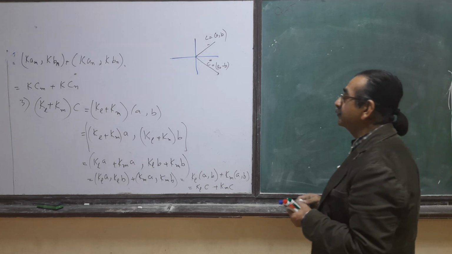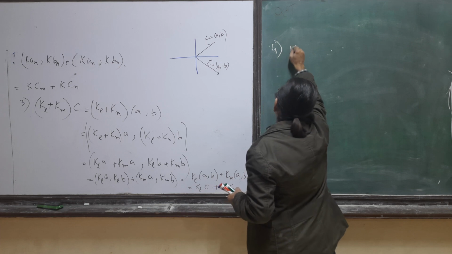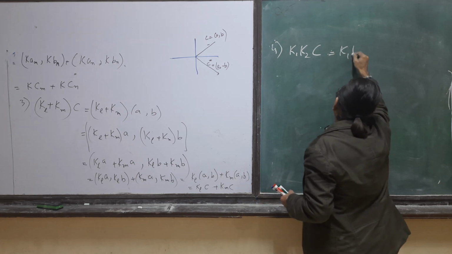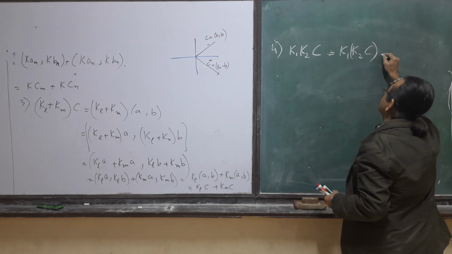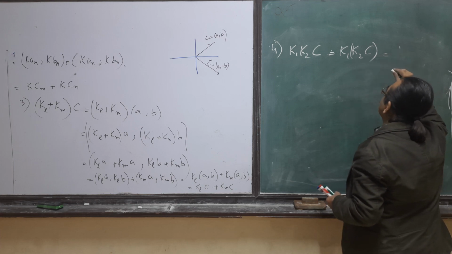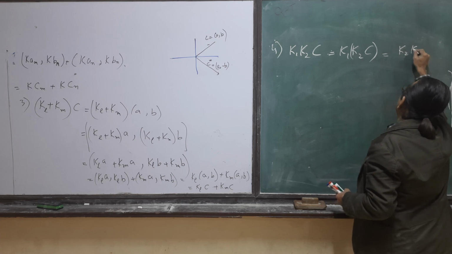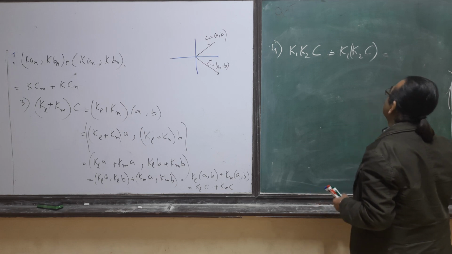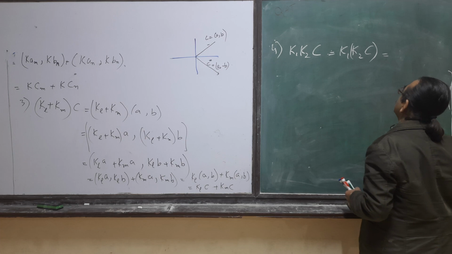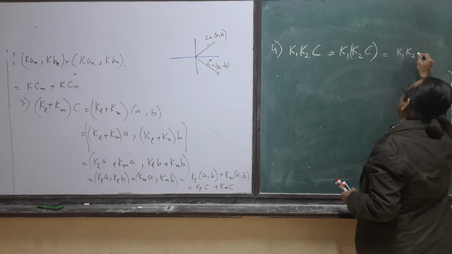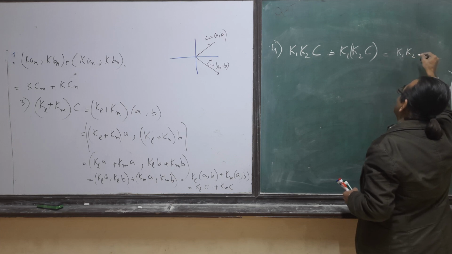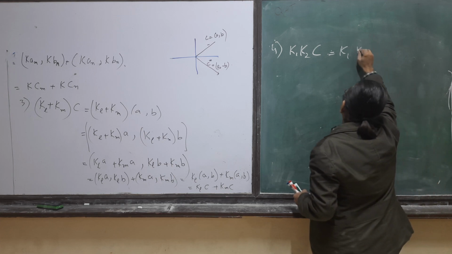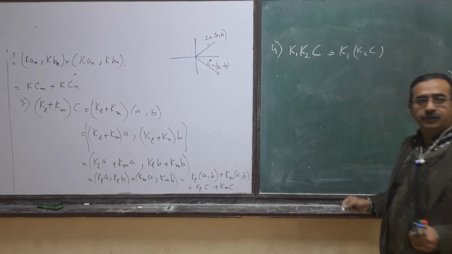Okay, fourth is K1 times K2 times C equal to K1 times K2 times C. I think you may prove it.